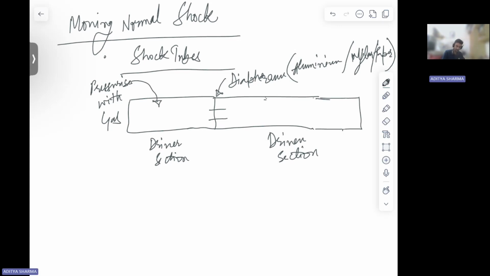So this has been defined to attain a shock wave. But then what happens is this disturbance starts from here. Okay. It starts from this diaphragm and it travels. So this basically is a moving shock wave.